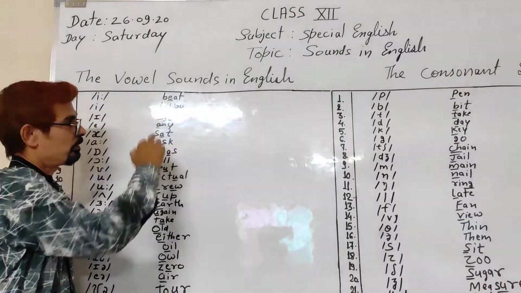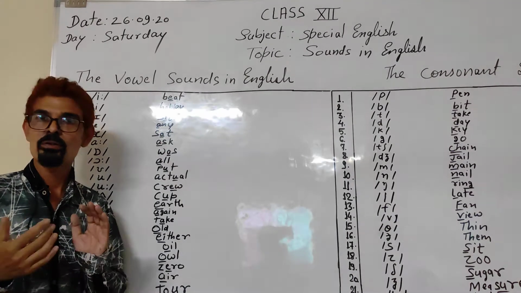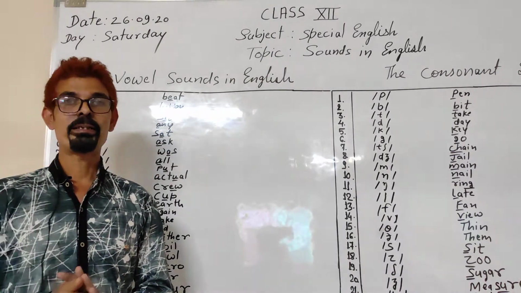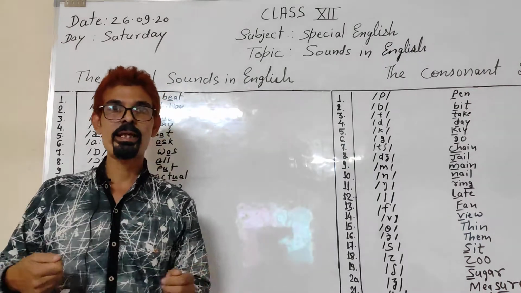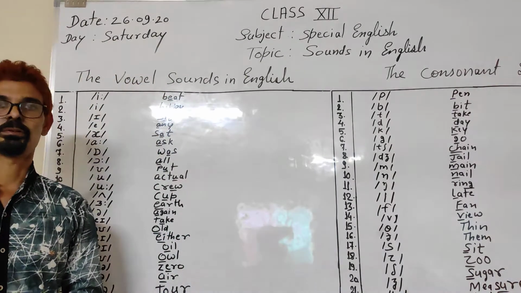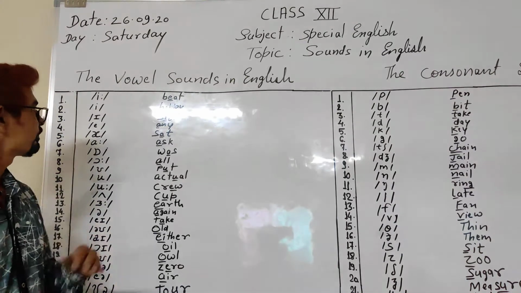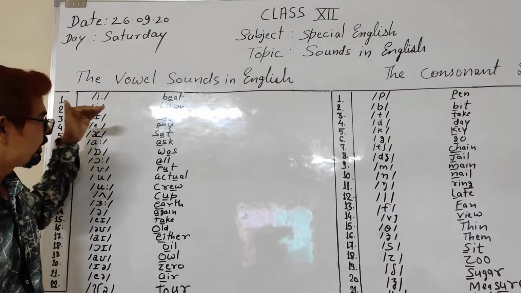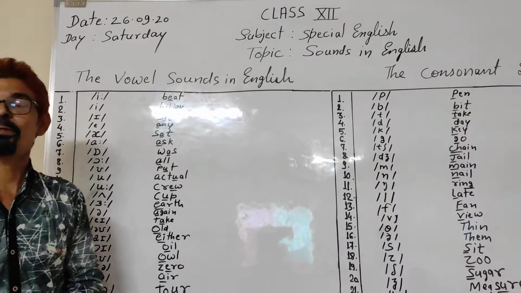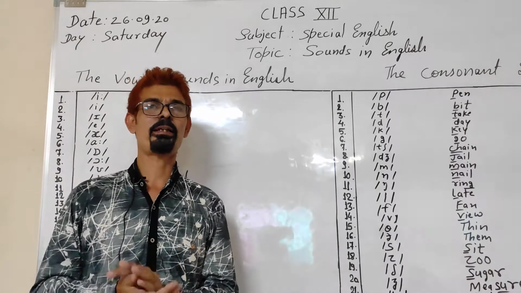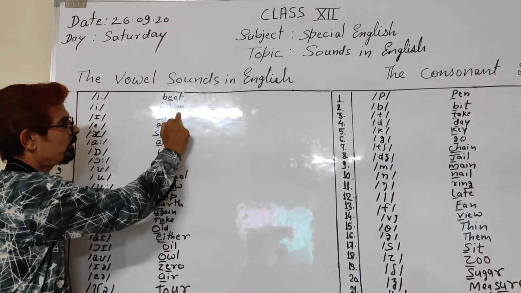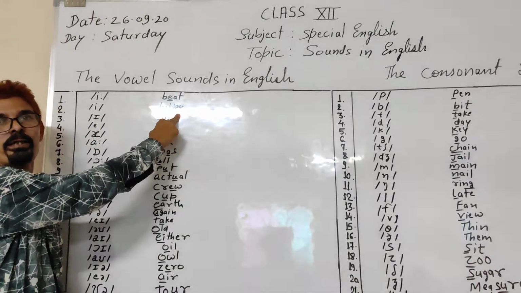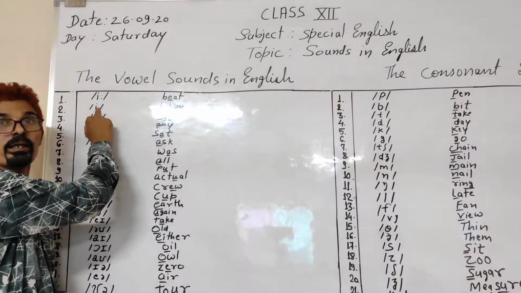You have to stress your E sound long. Next one, this is happy. You have to finish suddenly. Happy. And the underlined alphabet represents this sound i. Happy.